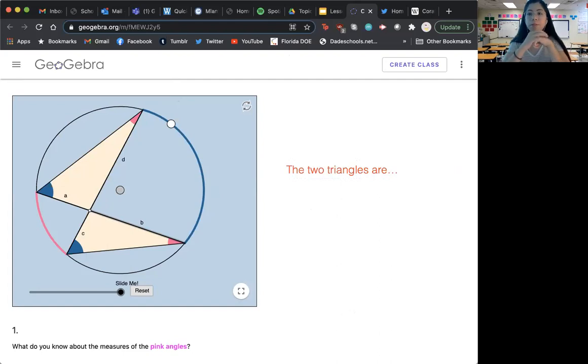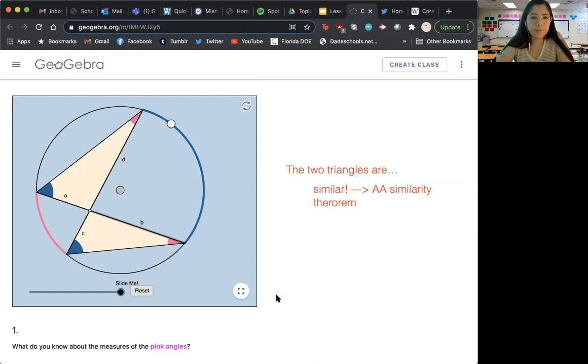They have two pairs of congruent angles. Good, you got it, Tyrone. They are similar. How do we know? What's that theorem? If there's two pairs of congruent angles, that's the AA, careful with your words, that's the AA similarity theorem.